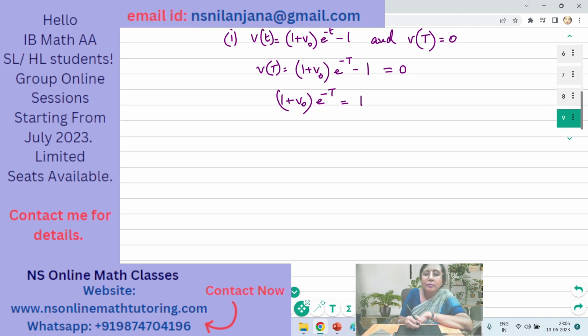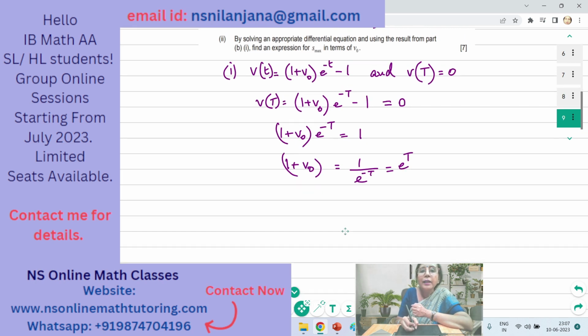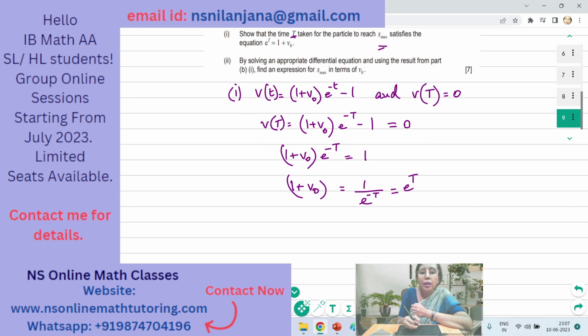If we divide both sides by e to the power of negative T, we get 1 plus V0 equal to 1 over e to the power of negative capital T, which is e to the power of positive capital T. And what do we have to show? e to the power of positive capital T equal to 1 plus V0.